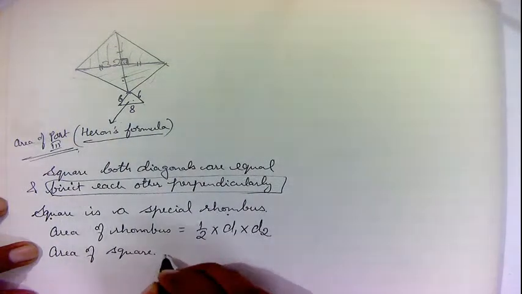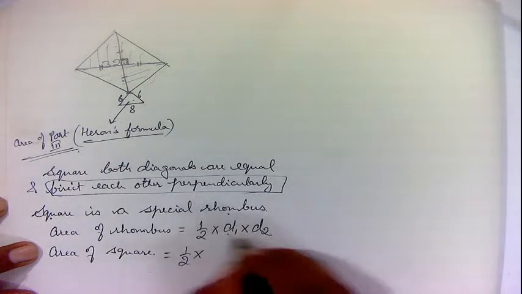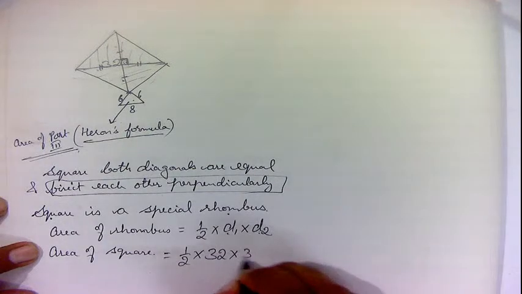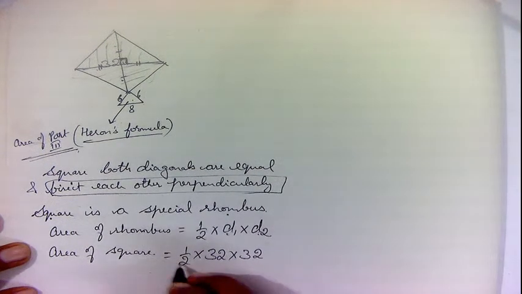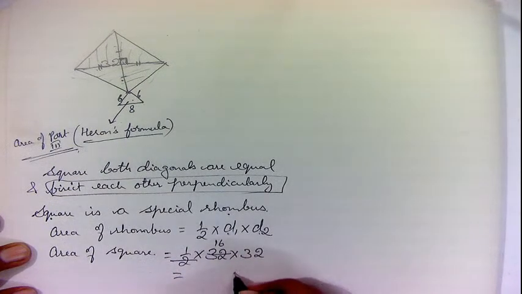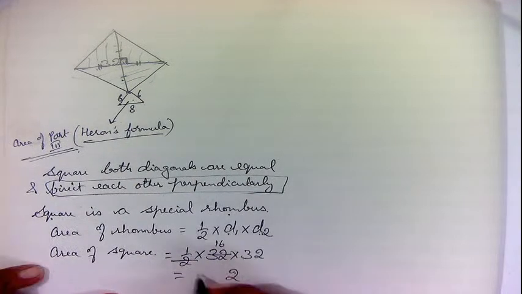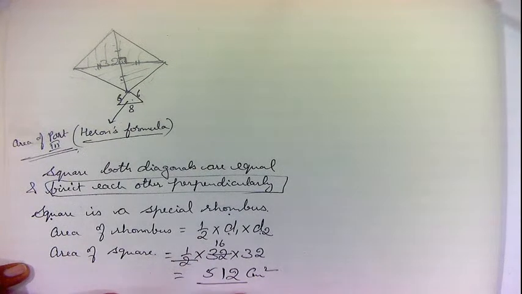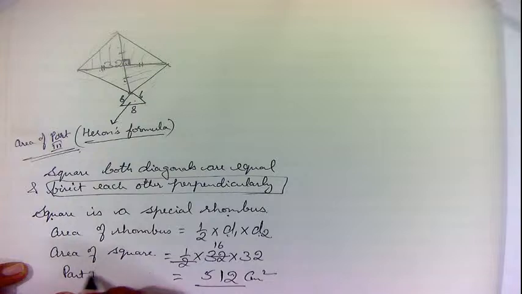Now this whole square contains two colored papers. So the area of square will be half d1 into d2, and each diagonal is taken as 32, so half into 32 into 32. This is 16 here. Now 16 twos are 32, and 16 threes are 48 plus 1, that is 512 centimeter square. This is the area of both the parts, part 1 plus part 2.